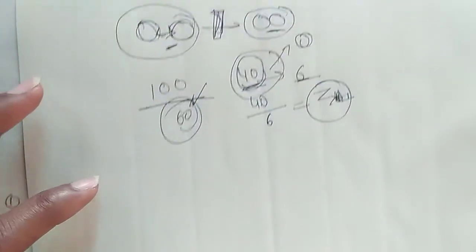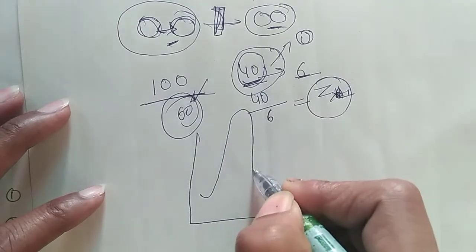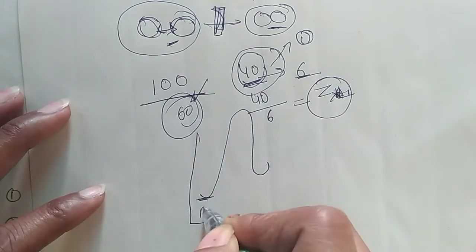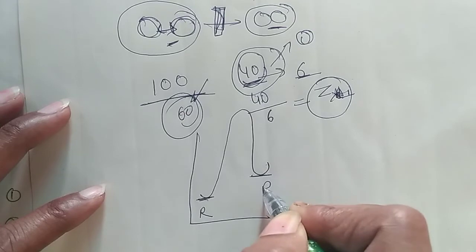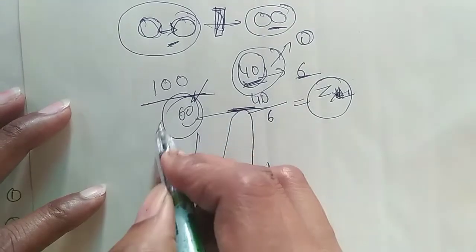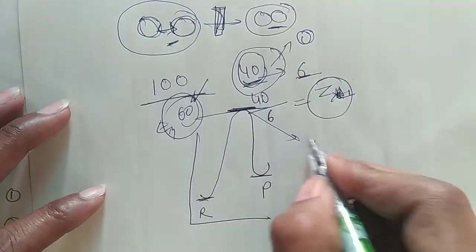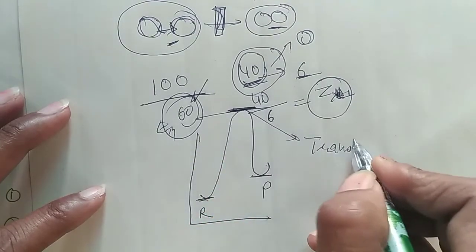This intermediate is shown in the Arrhenius curve. These are the reactants, these are the products, and here is the energy barrier, that was the ETH. So this state is known as the transition state.